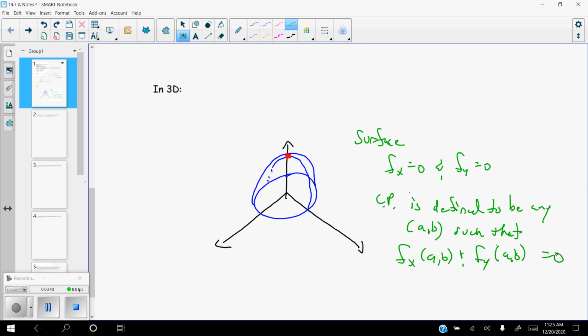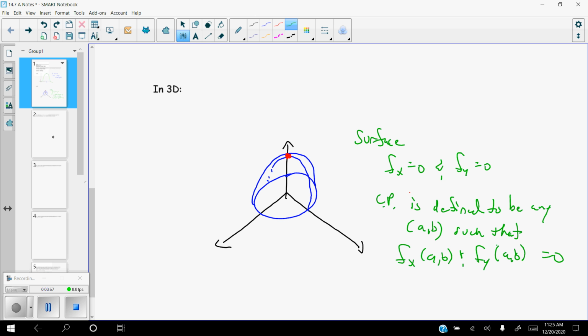So both of those two things have to equal 0. It's pretty straightforward. Now we're in 3 dimensions, so the derivative in both the x and the y direction both have to equal 0 for you to have a critical value, a critical point. Not an extremely difficult concept.